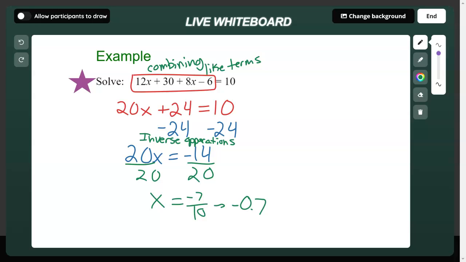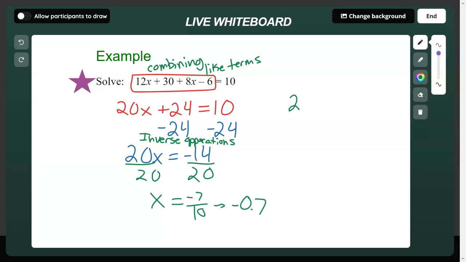How do you know if... So the goal is, after you combine like terms, your goal is to get everything away from your variable. So you can subtract 10, which is fine. It's going to give you 14. But then you're going to have to move. So if you wanted to subtract by 10, that's fine.